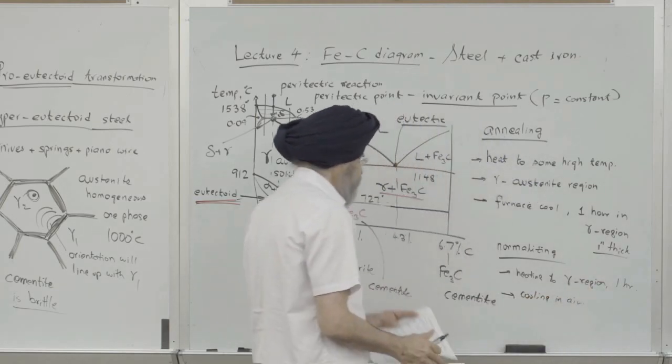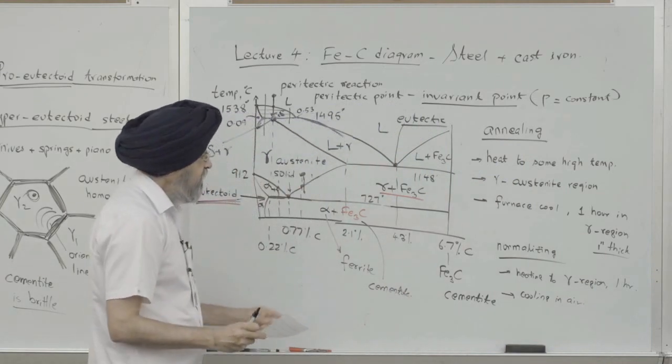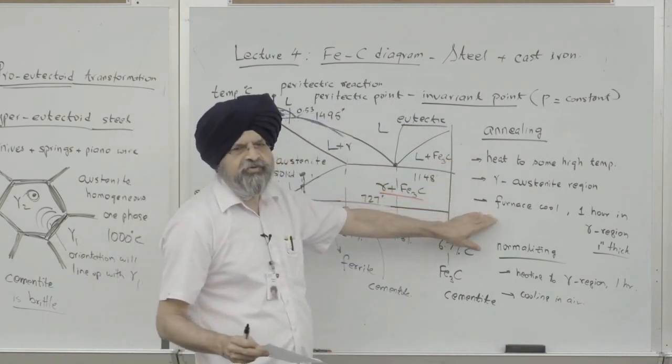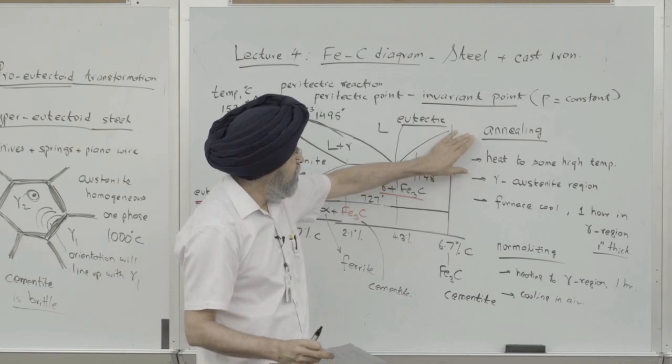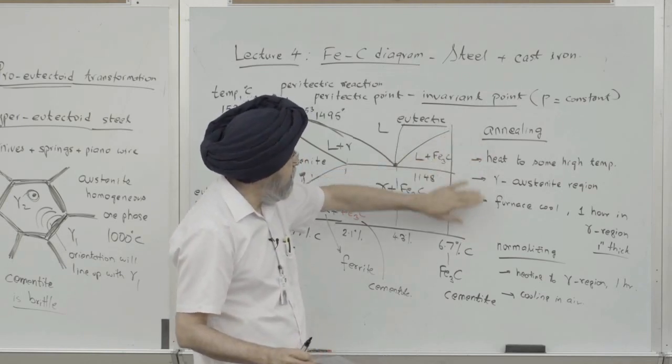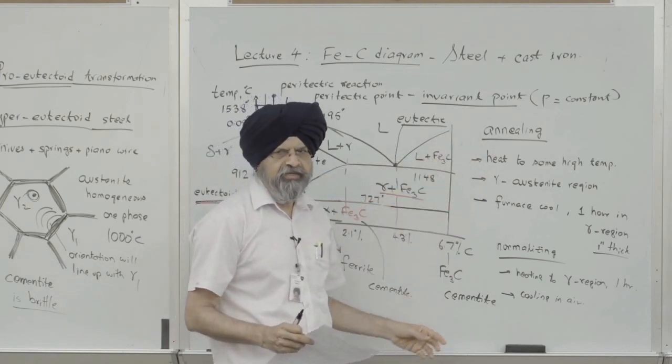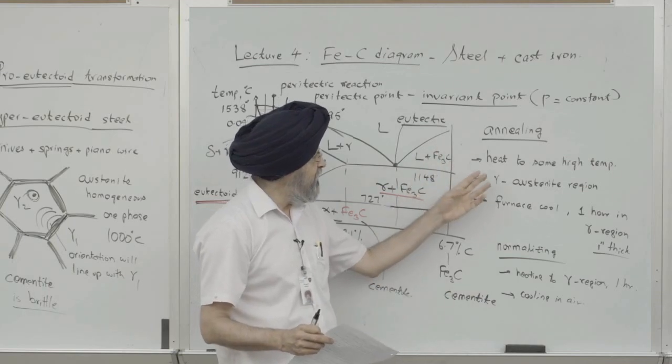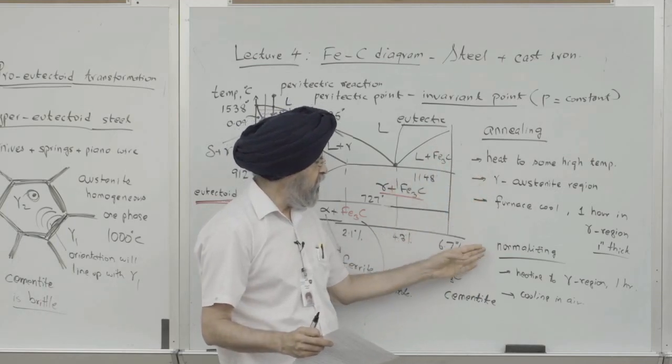So that's normalizing. So you cool much faster, and you get different structure, microstructure, if you're annealed and if you're normalized.